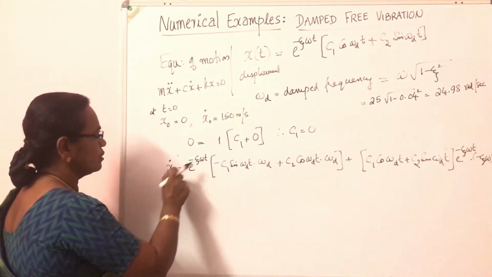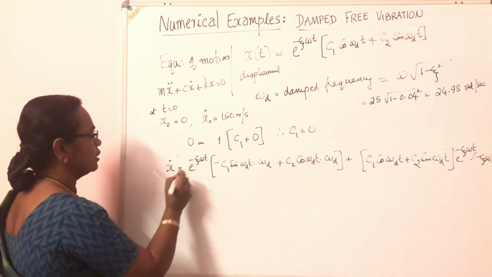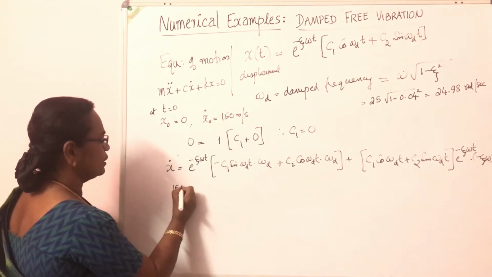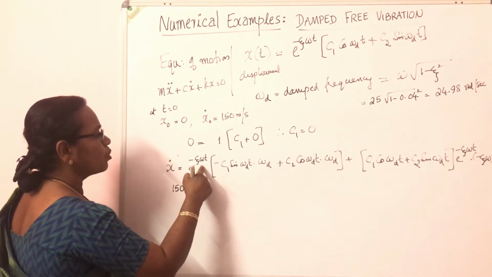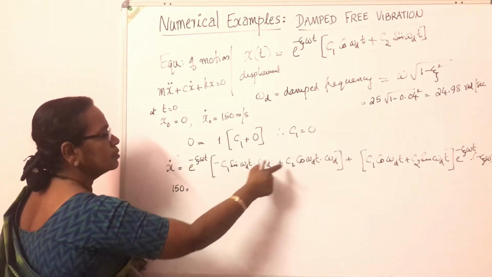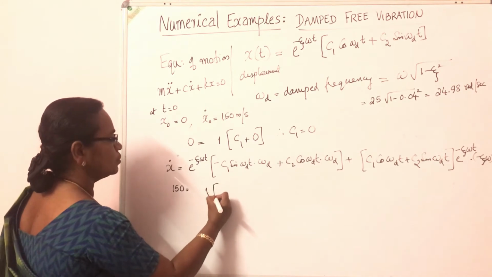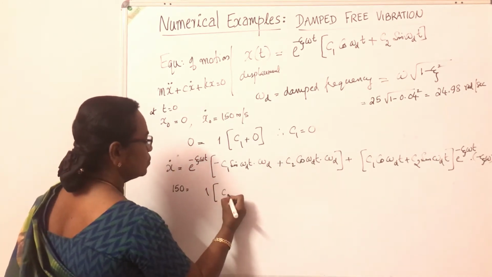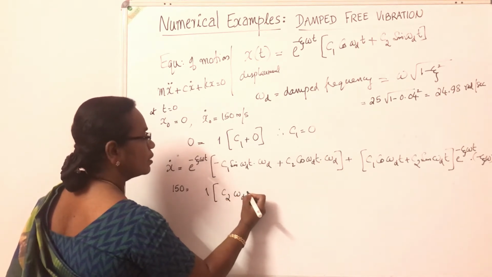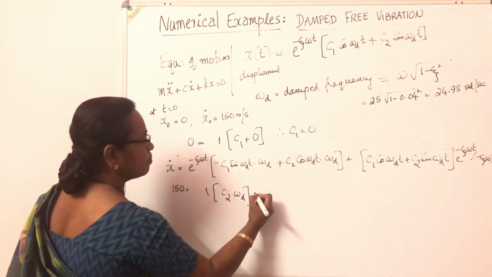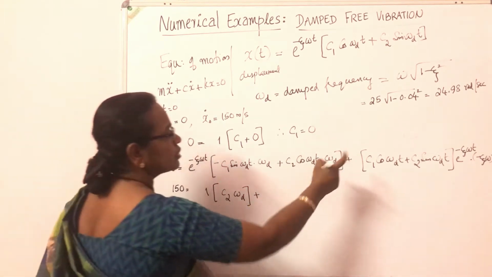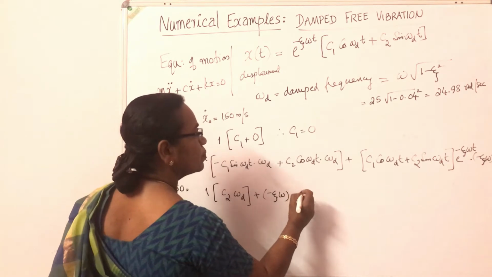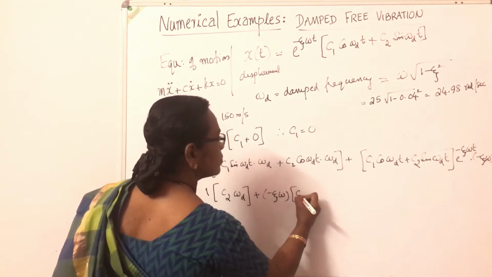In this, if you put t equal to 0, and x0 dash is 150, we'll get 150 is equal to, this will become 1, this is 0, this will become 1 into C2 omega d, plus, in that expression, minus psi omega into C1.